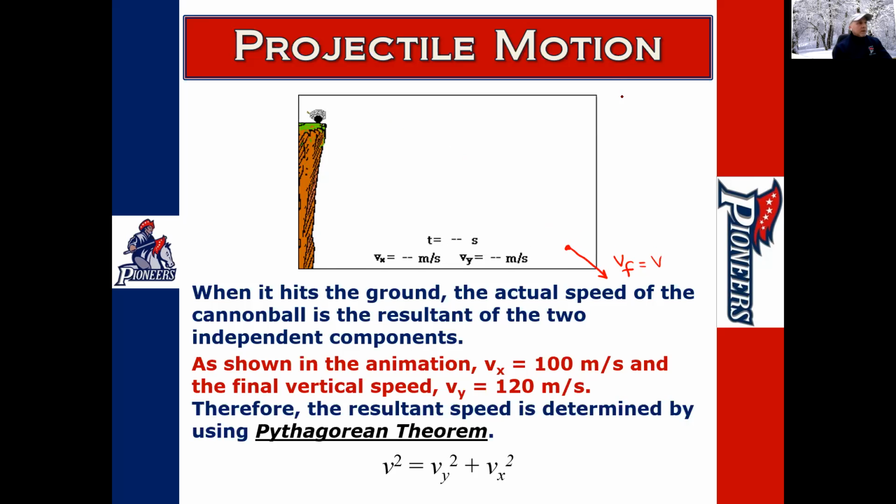And that is where, I don't remember the year and time that this came about, but Mr. Pythagorean or Pythagoras, right? I think he's one of those guys that just has a first name, like Aristotle, who knows what Aristotle's real name is. But because of him, we can figure this out because what we do is we take these Vx and Vy vectors, and this is called vector addition.